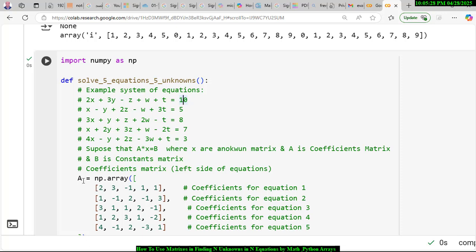So the A array equals the coefficients. The first equation is 2 3 minus 1 1 1, so put 2 3 minus 1 1 1 inside the array.